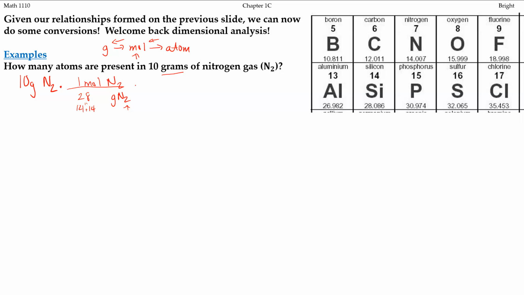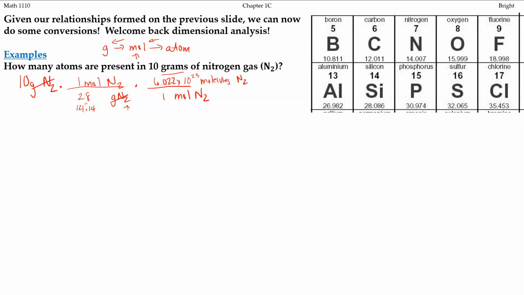Okay, and then so now the units after I did the math would be moles of nitrogen, but now I can convert this into atoms by saying, okay, in 1 mole of nitrogen gas, I have 6.022 times 10 to the 23rd molecules of N2, and I'm using molecules because they're bonded together.